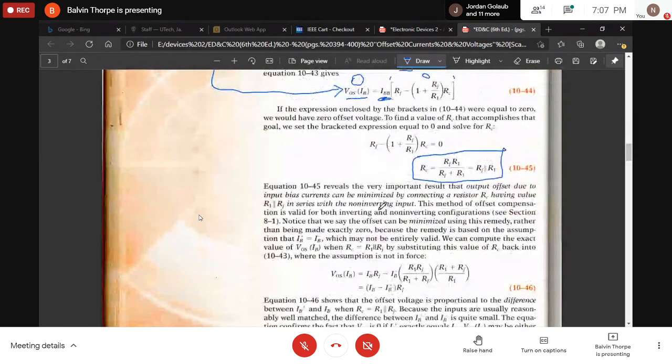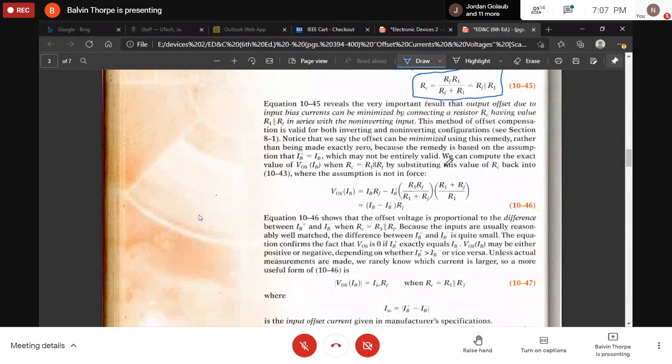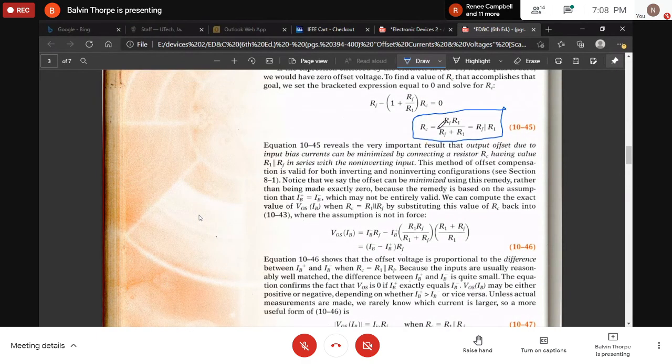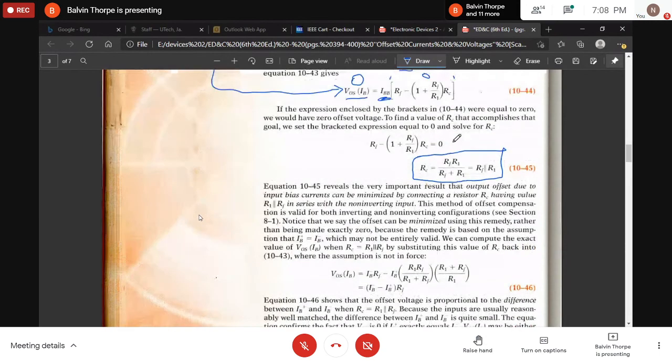That's exactly what is being done right here. Because if you put RC as a parallel combination and put it back into the big equation, put RC being RF parallel R1, put that back into this equation.